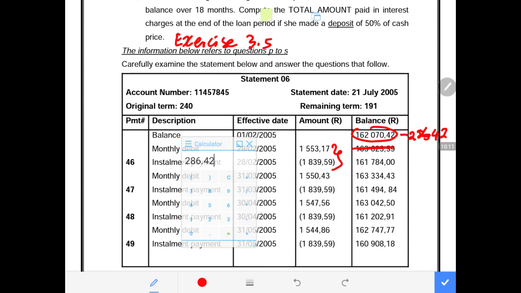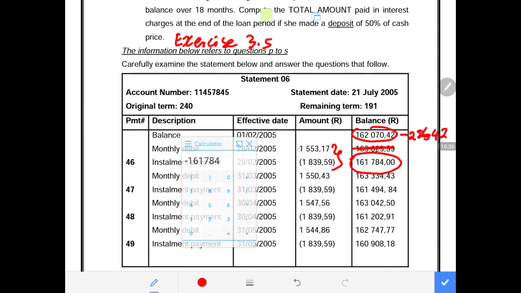Now, if we say 162,070.42 minus this amount, we get to the balance of 161,784. Exactly the same amount, 161,784.